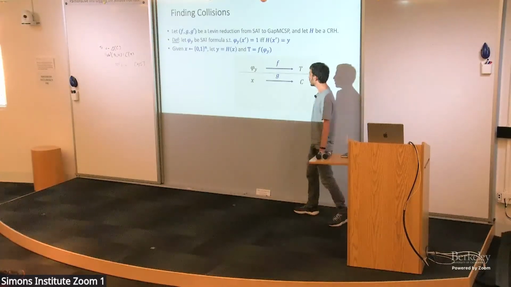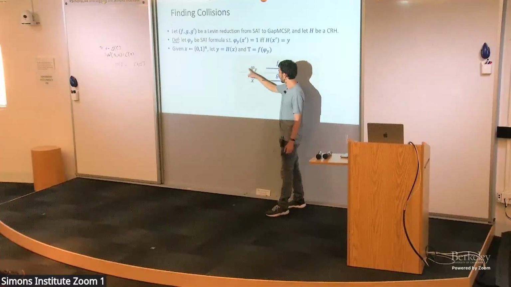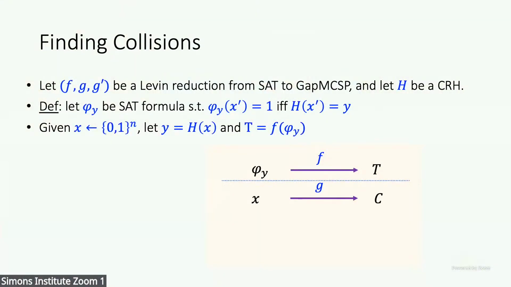Now, the point is that for this SAT formula, there are many witnesses that satisfy it, because there are many collisions for the hash function H, and any collision is a satisfying witness for this formula. But the security of the CRH promises us that we cannot find any other witness for phi y. But here, we have an efficient way to sample new witnesses.